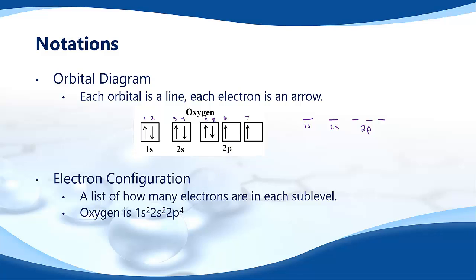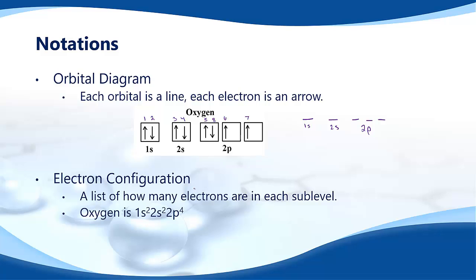Now in my 2p sublevel, I have 1, 2, 3, 4 arrows, so I say 2p4. And I would keep going in order until I get to the end of my electrons. Right, so this is writing electron configurations and orbital diagrams.